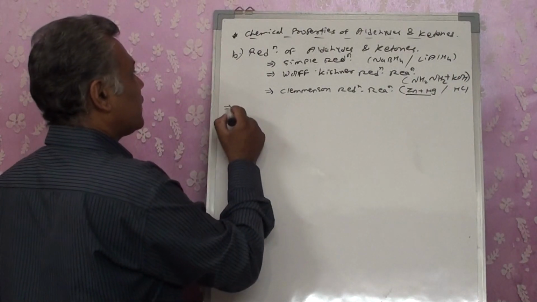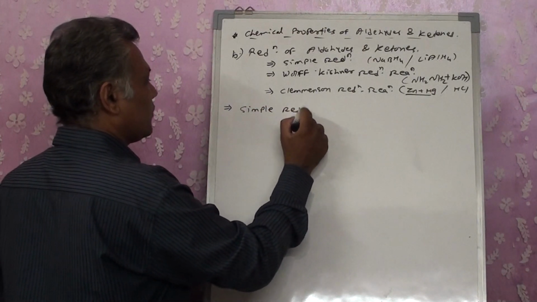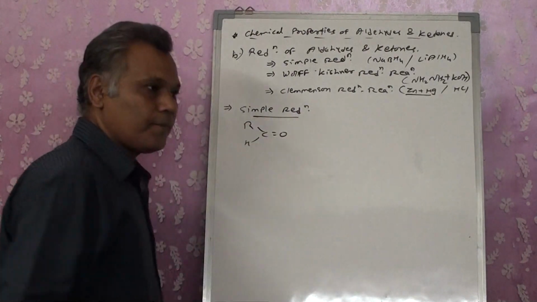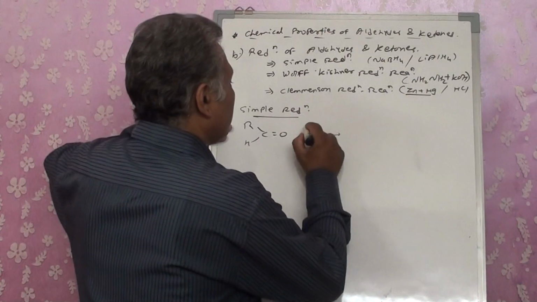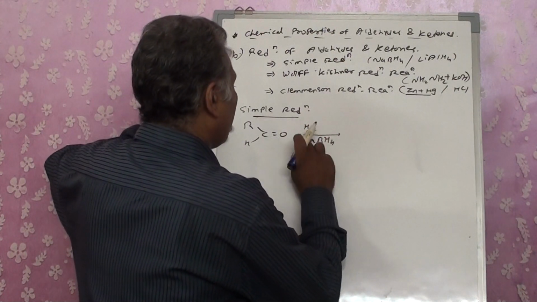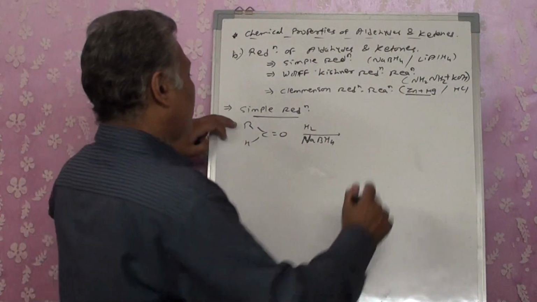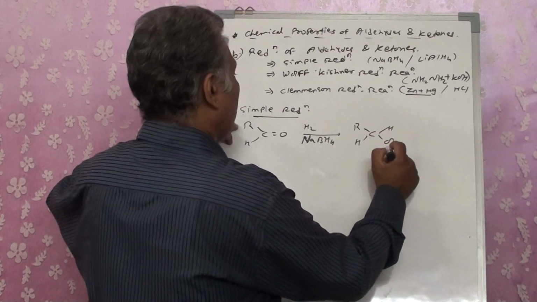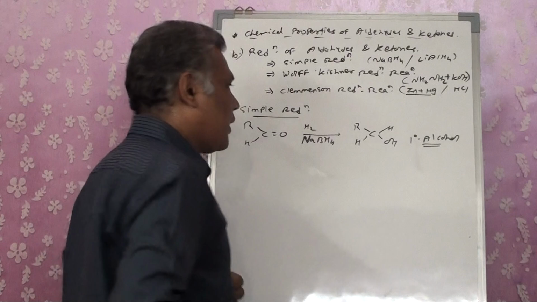First of all, we will study what happens in a simple reduction. If we have an aldehyde and it is reacted with H2 in presence of NaBH4 as a reducing agent, then what will happen? This compound will get converted into a primary alcohol.